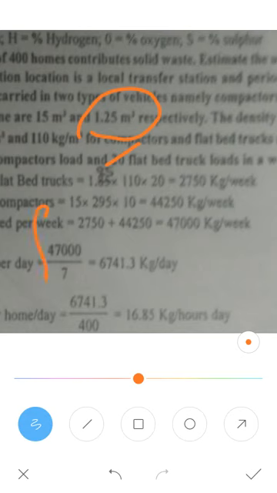I'll write it once again. Density is equal to mass by volume. You need mass, so mass is equal to density into volume.